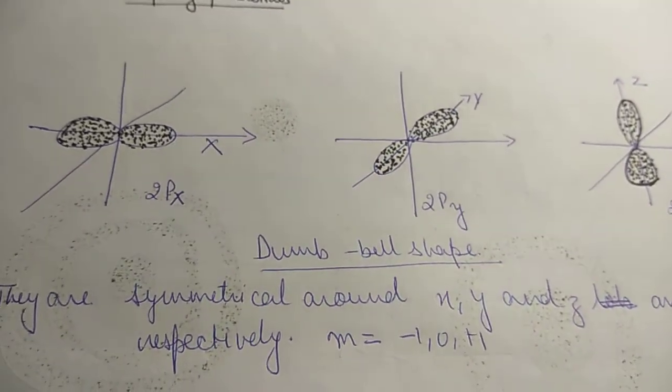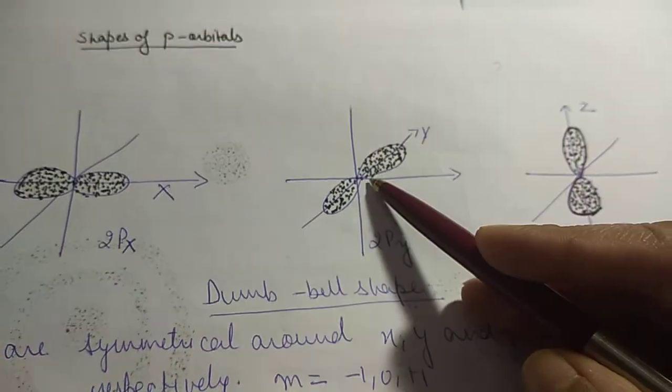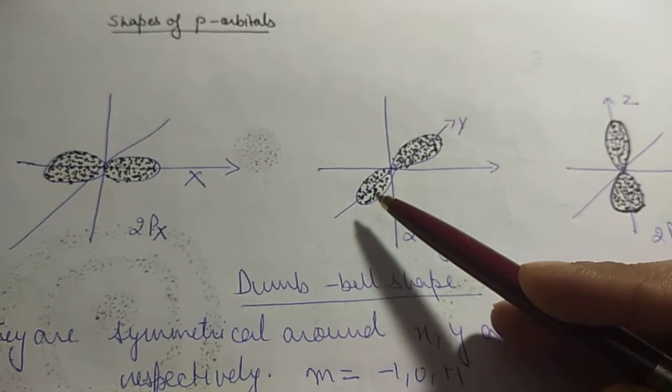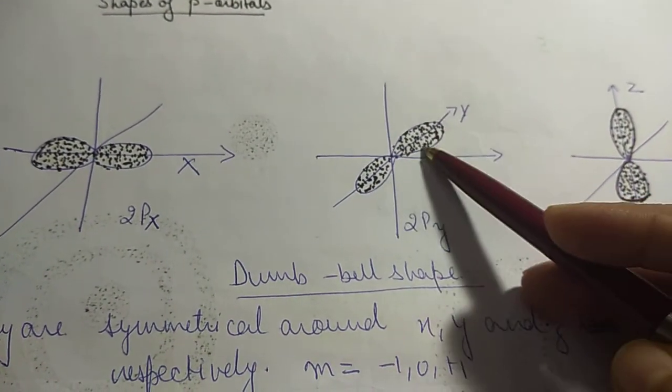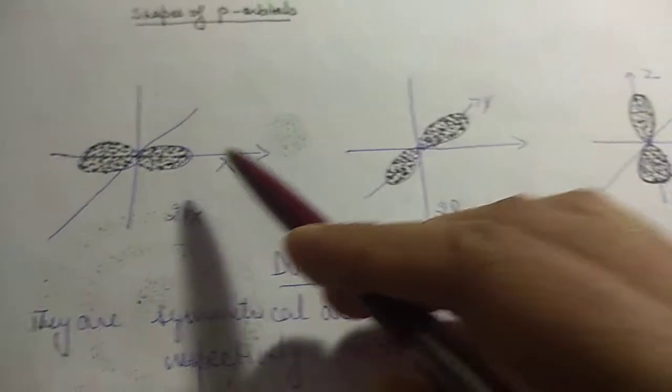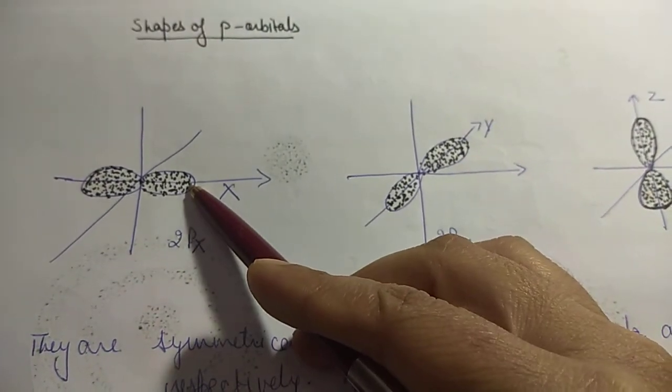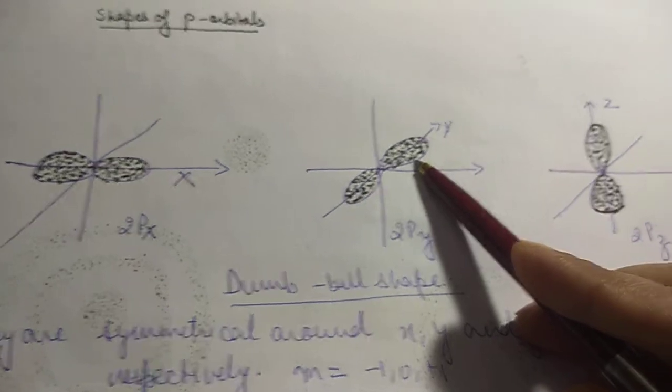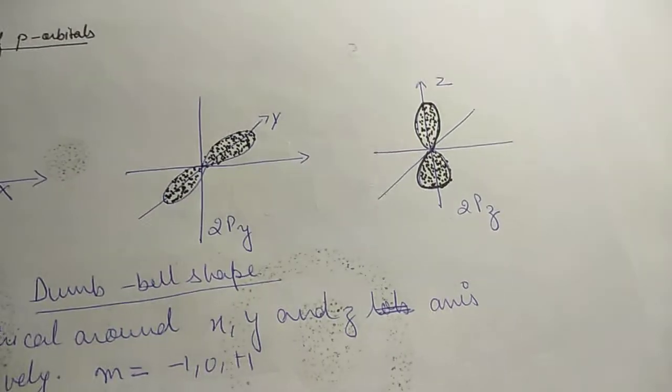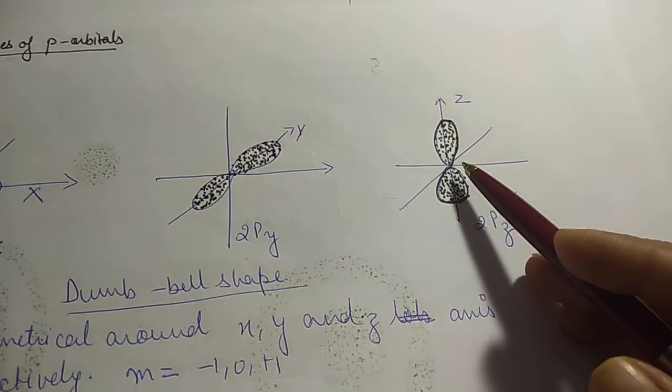Next we have our p orbitals. You can see they are dumbbell shaped. It means the regions where the probability of finding electron is maximum are in the form of a dumbbell. So this is px along x-axis, py along y-axis, and we have pz along z-axis.